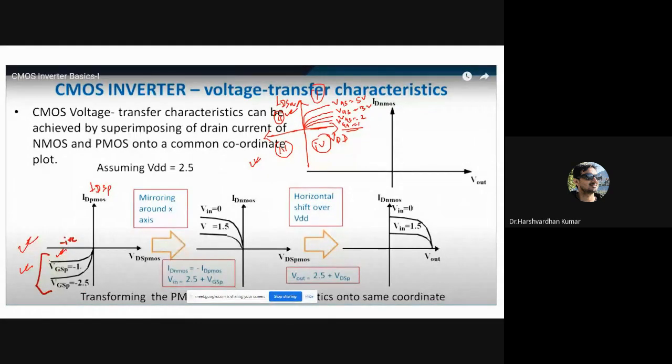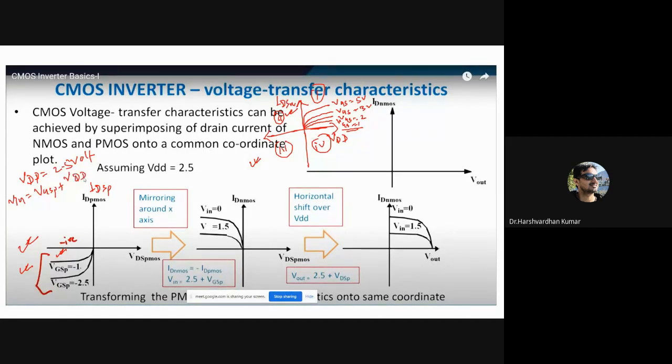Now, if you shift the signal, let us say VDD is equal to 2.5 volt. As per the equations for the inverter, the input voltage for the PMOS transistor will be equal to VGSP plus VDD.